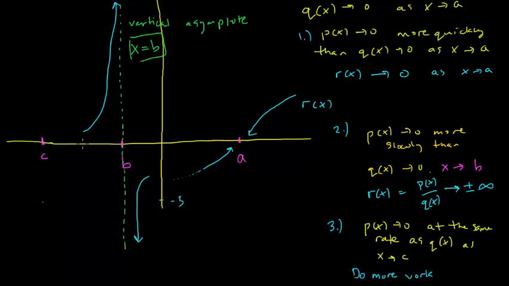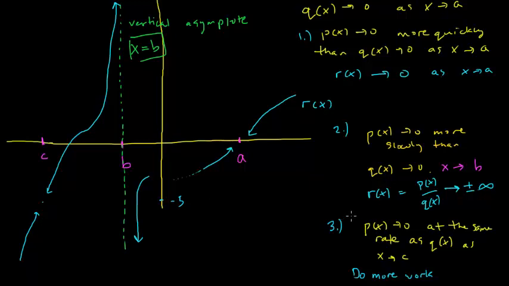So that means r of x would be approaching some number right there at -5. Alright, and that's what happens if p of x and q of x go to 0 at the same rate. We don't know what number without doing more work, but we can be pretty sure it's not going to be positive or negative infinity. We can be pretty sure it's not going to be 0. So we just have to do some more work to find out what number it's approaching.